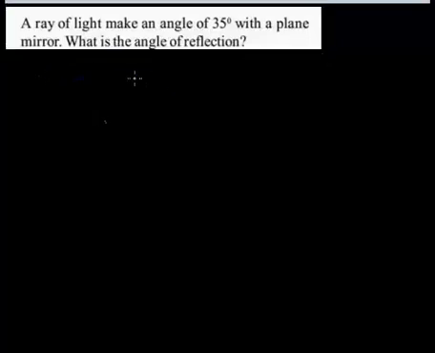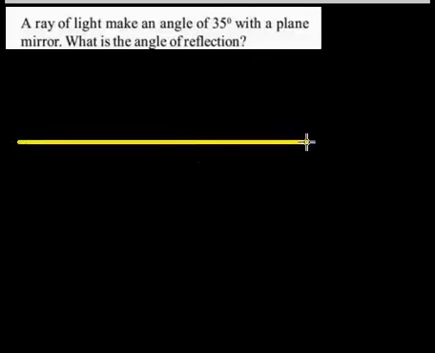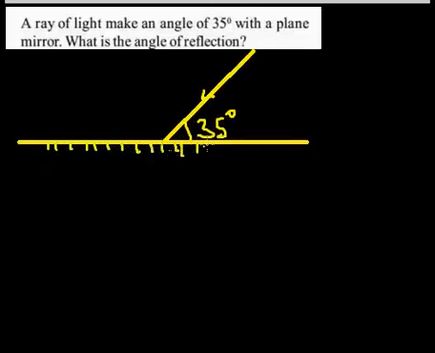A ray of light makes an angle of 35 degrees with a plane mirror. What is the angle of reflection? So from the indication, this is the ray, this is the mirror. The ray of light makes an angle of 35 with the plane mirror.